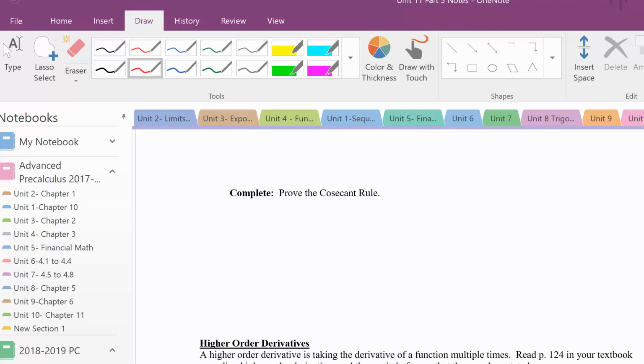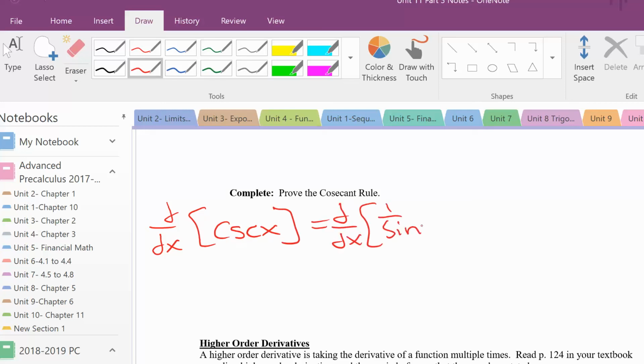Last but not least, the cosecant rule. It's 1 over the sine, which means it's sine x times 0 minus cosine x times 1 all over sine squared.